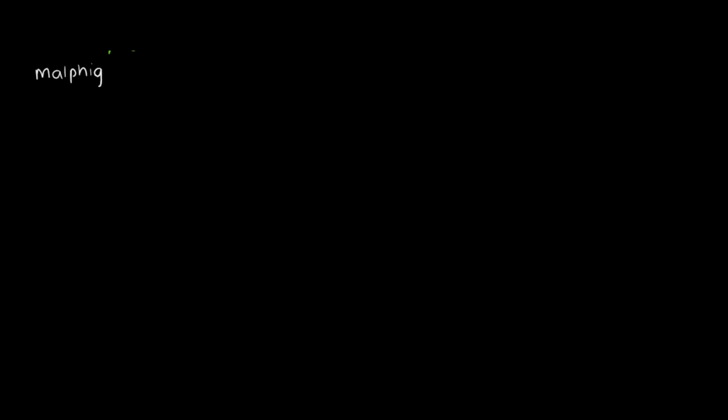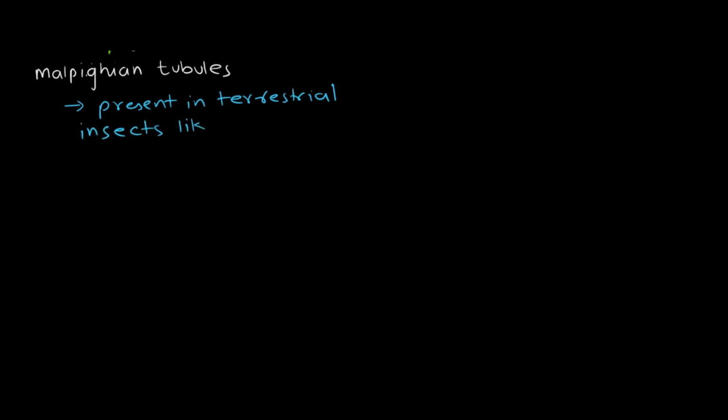So now the next excretory part is the Malpighian tubule. The Malpighian tubule is present in terrestrial organisms, to be very specific, terrestrial insects such as cockroaches, grasshoppers, etc. These are tubular structures that are present at the junction of midgut and hindgut, which I will be drawing in a moment.